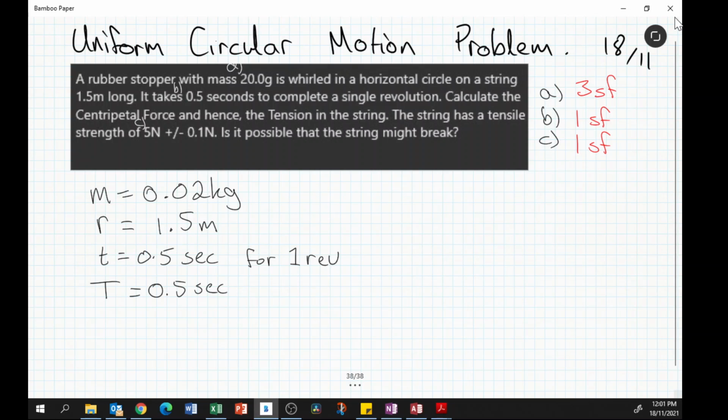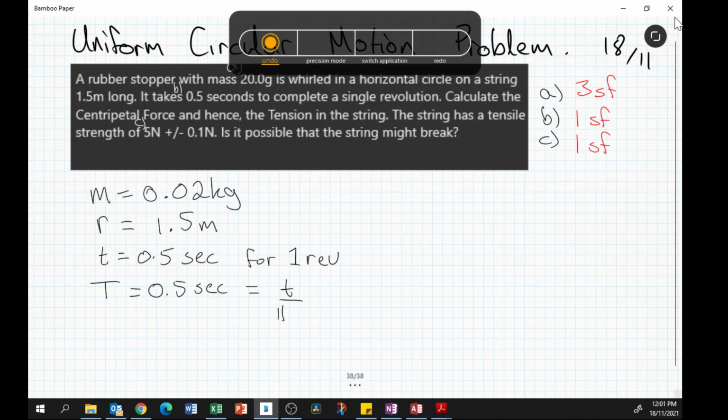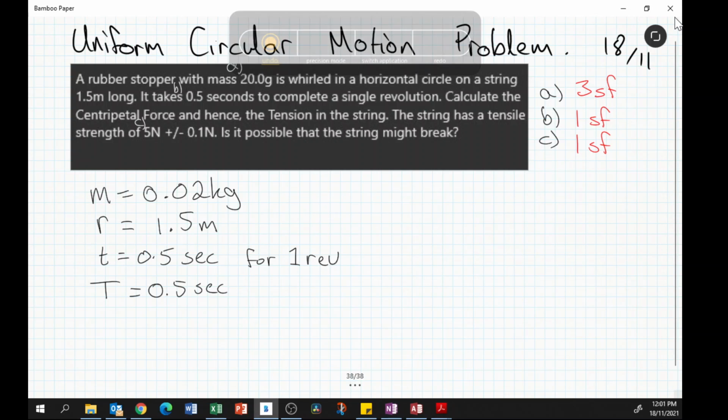You can actually use a formula to calculate period if you ever need to. You can do a T versus number of revolutions, and that will consistently give it to you. And that's what we did in that prac with 20 revolutions over however long, divided by 20 will tell you how much per 1 revolution. So in this case, we're given it as a period, so we just use that directly. Cool. Any other information we need?